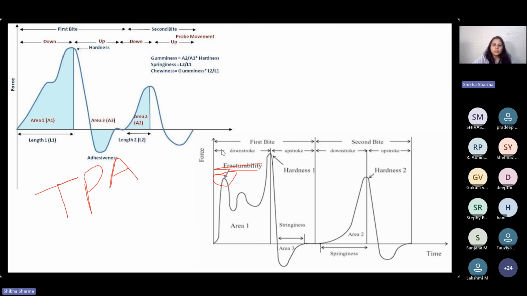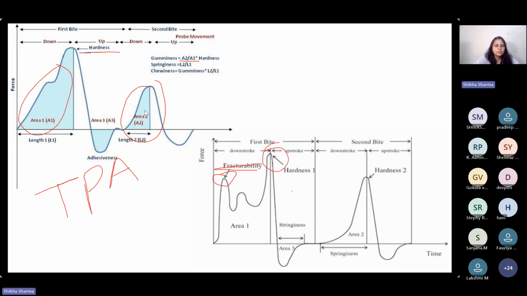Whereas the overall maximum force in the positive area is hardness. The highest peak will be hardness. So here also we can see the hardness is the highest peak. Fracturability means the first peak in the positive direction. Then gumminess is area 2 divided by area 1.